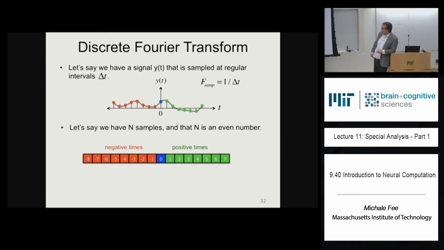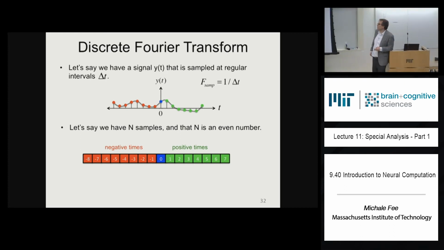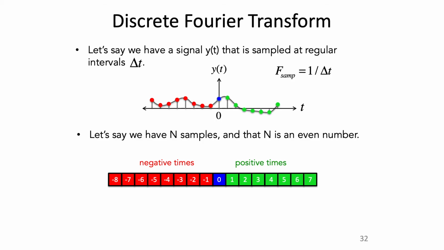In this case, we have 16 samples, which is 2 to the 4. You should usually try to make the number of samples a power of 2. Okay, so there is our function of time sampled at regular intervals.